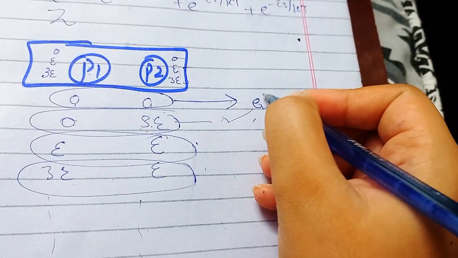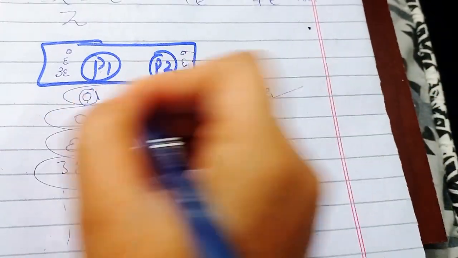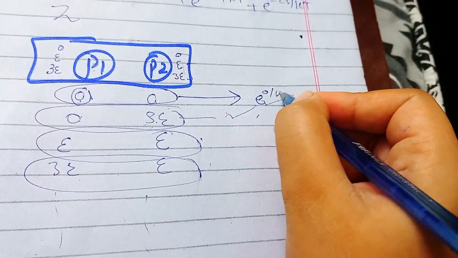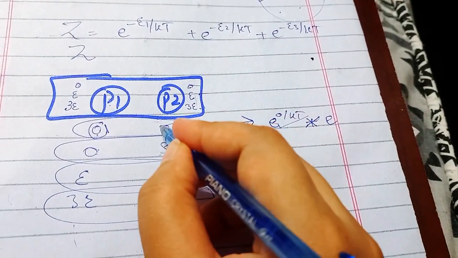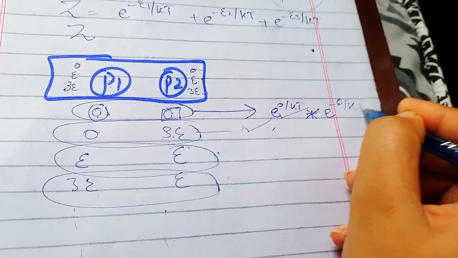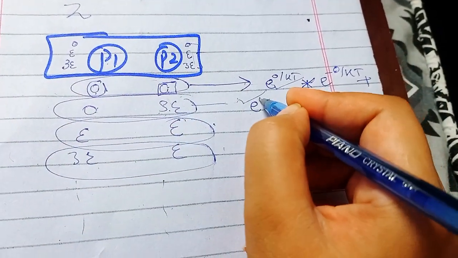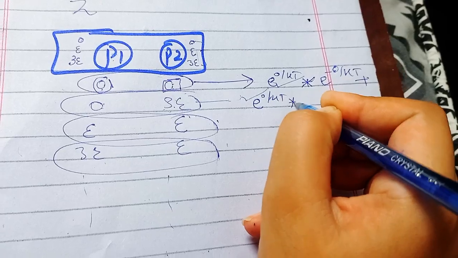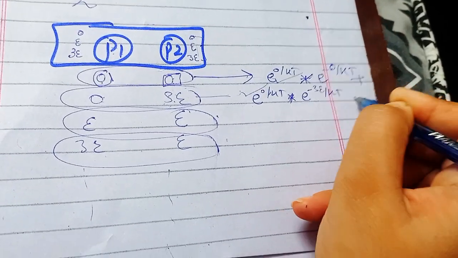For the first particle, the energy we take is this 0 by kT, multiplied by the Boltzmann factor of the energy state the second particle has, which is 0 as well here, then plus, then for the second state we'll do 0 by kT multiplied by e to the power minus 3E by kT, then plus sign.